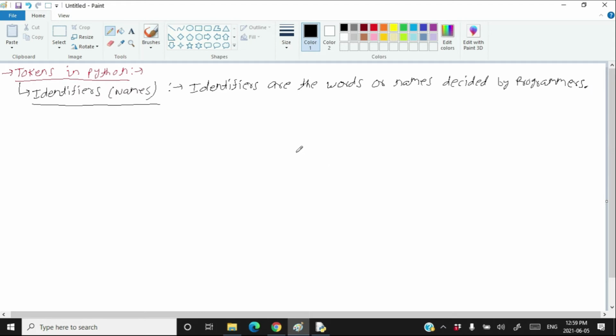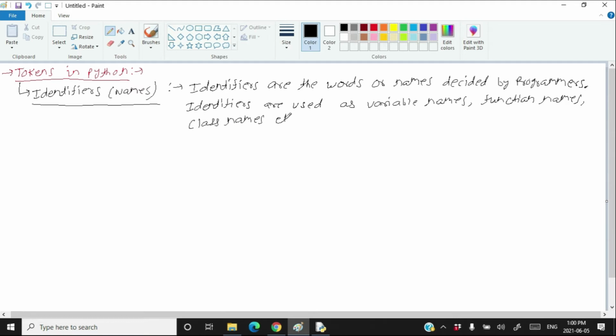Unlike keywords, identifiers are not reserved words. These words are not in the dictionary of Python. They are decided by the programmers and used as variable names, function names, class names, etc.